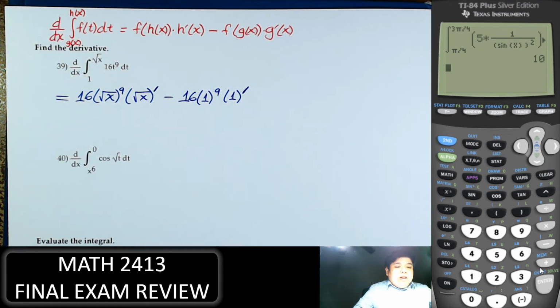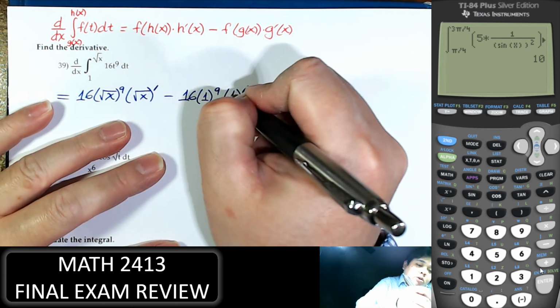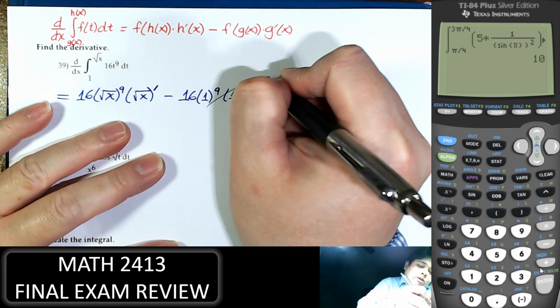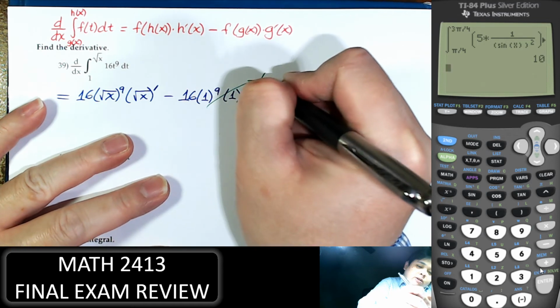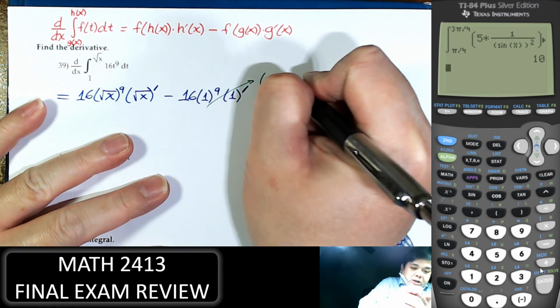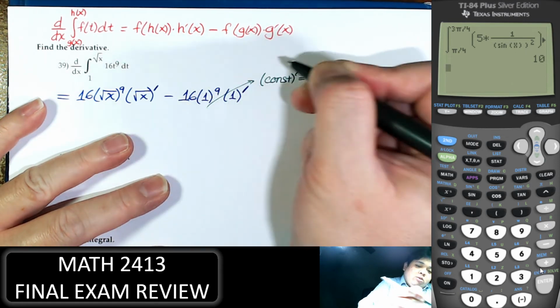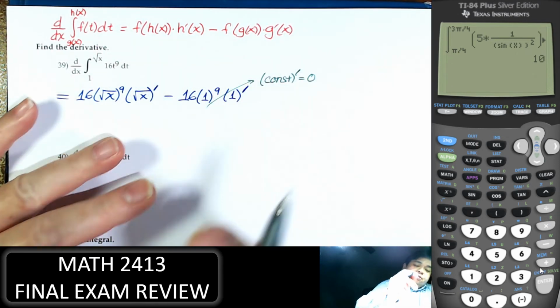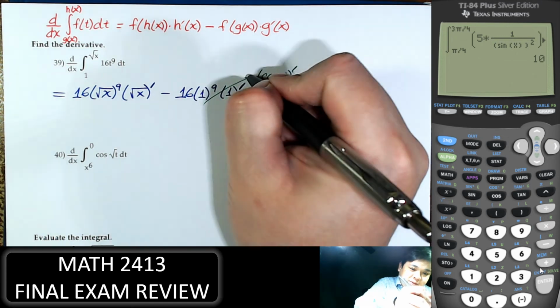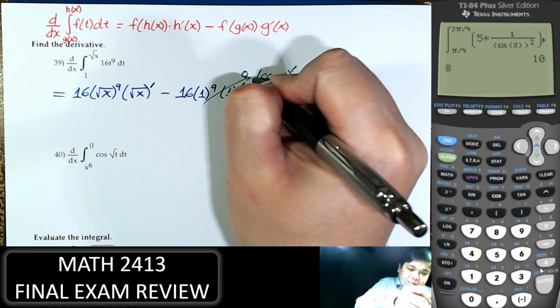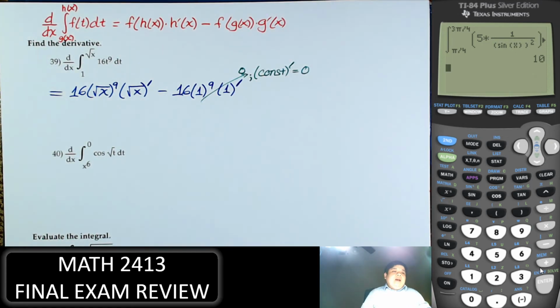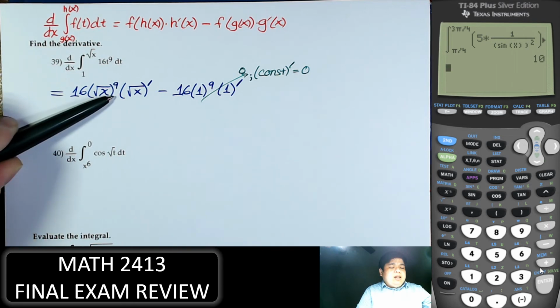Right, the derivative of 1, the derivative of a constant, is 0, so 0 times everything, so this one is 0. Derivative of a constant is equal to 0, that's why this goes to 0. Right, so that's simple.